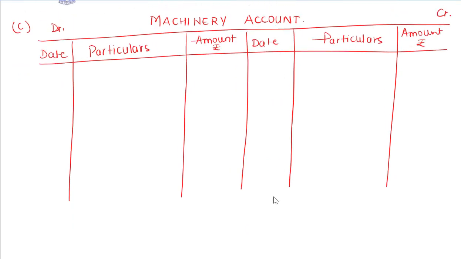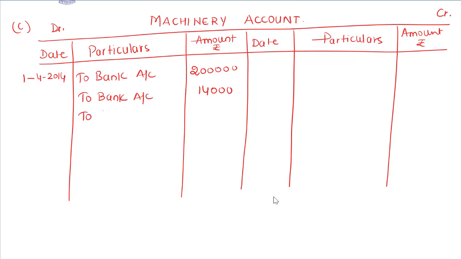Let us begin. On 1st of April 2014, machinery is purchased for 2 lakh. So to bank account 2 lakh. 14,000 is freight and insurance, so to bank account 14,000. 2,000 is carriage inward, so 2,000.